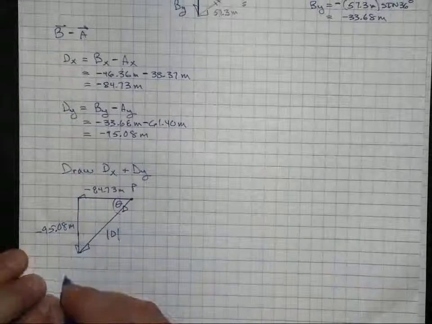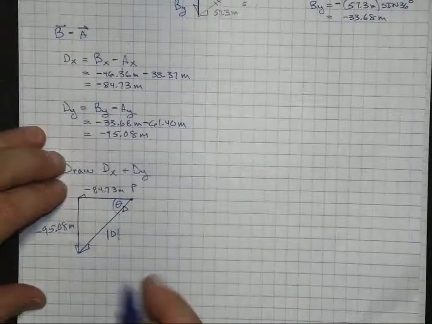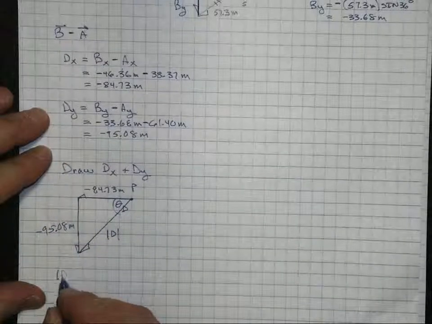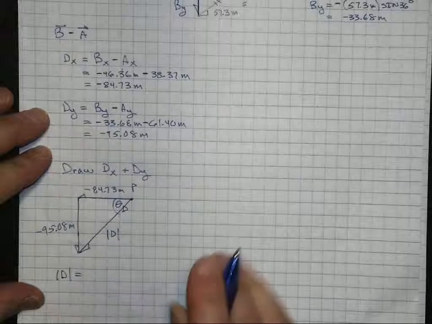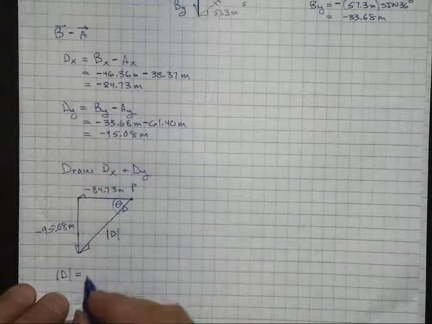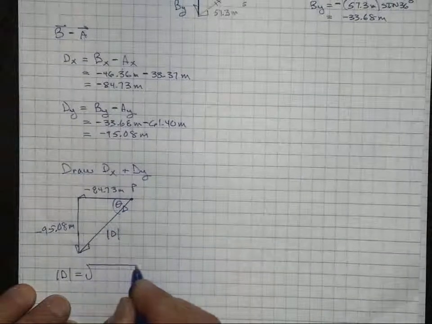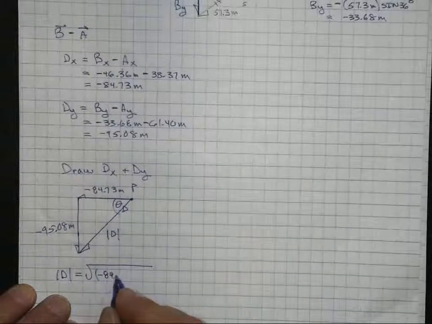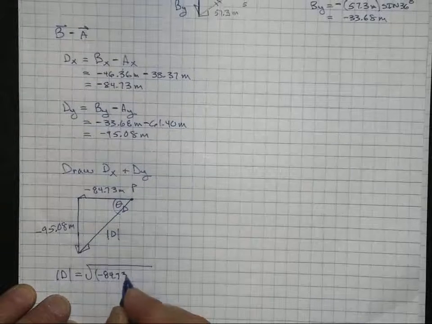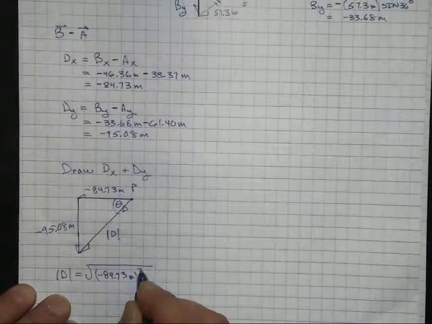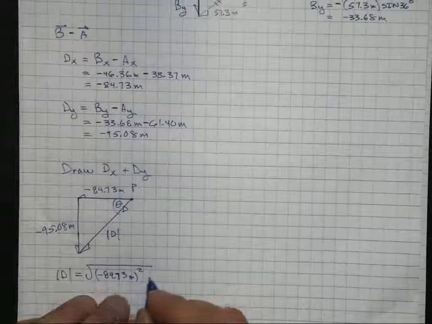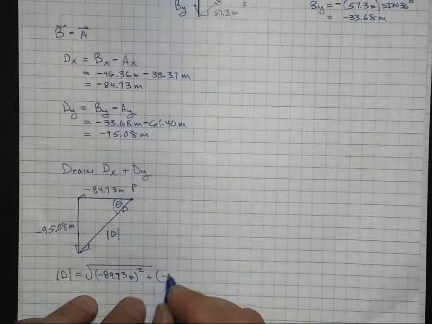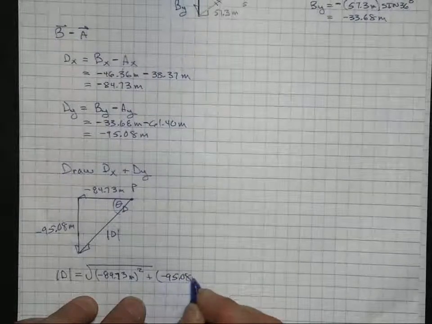Well, the magnitude of D, as everybody knows, will be the Pythagorean theorem, which will simply be the square root of the sum of the squares of the legs of the triangle. So this will be minus 84.73 meters squared plus minus 95.08 meters squared.